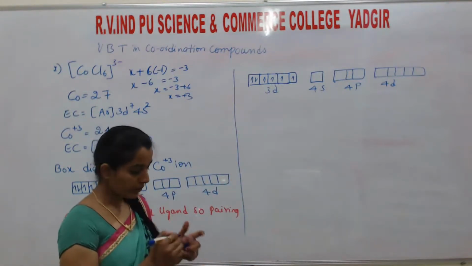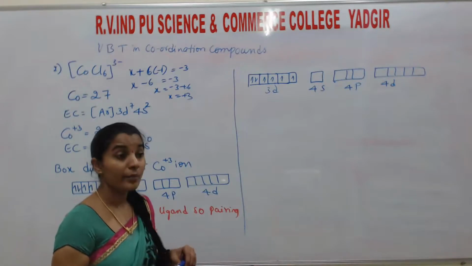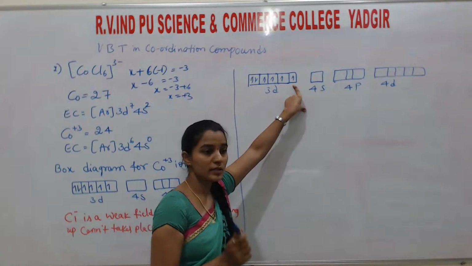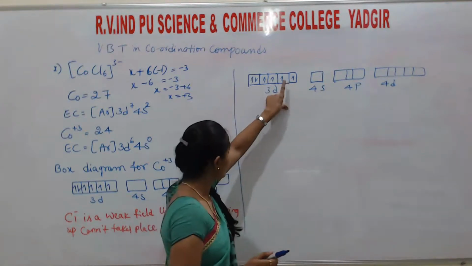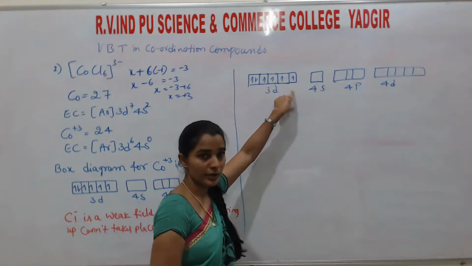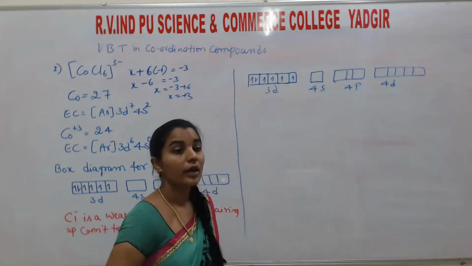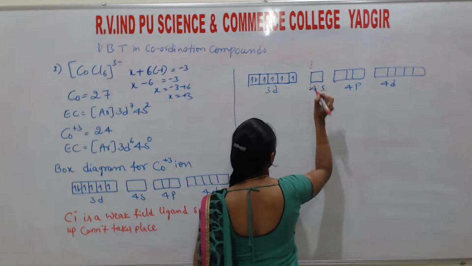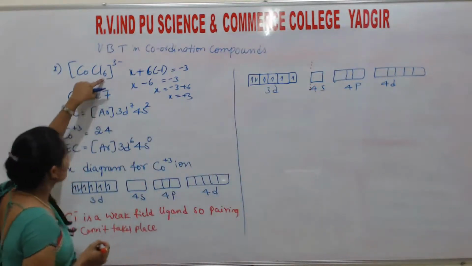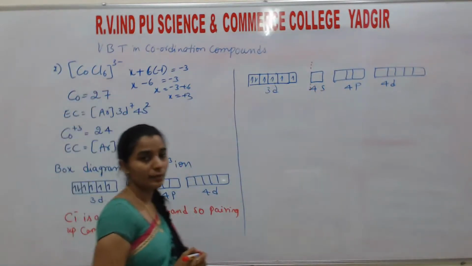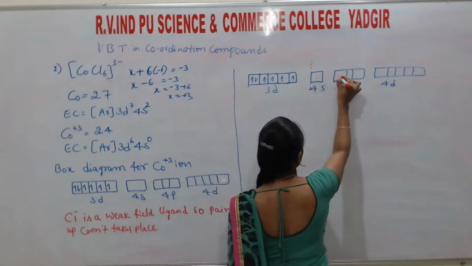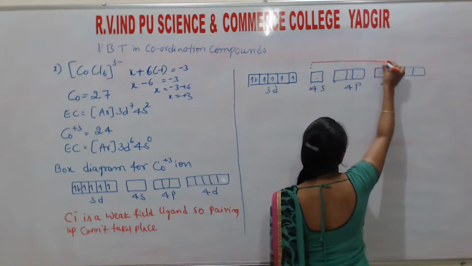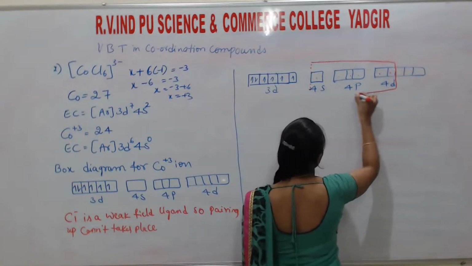Correct? So what I said? We need empty orbitals. If even at least a single electron is present, then it is not involved in the hybridization. So we want completely empty orbitals. So from here we will start. How many empty orbitals do we require? We want 6 empty orbitals. So it is 1, 2, 3, 4, 5, 6. So consider these 6 orbitals.